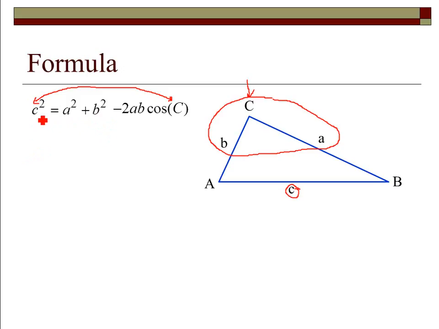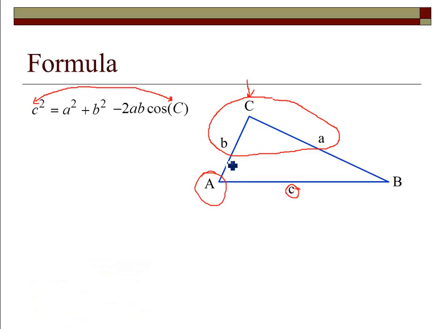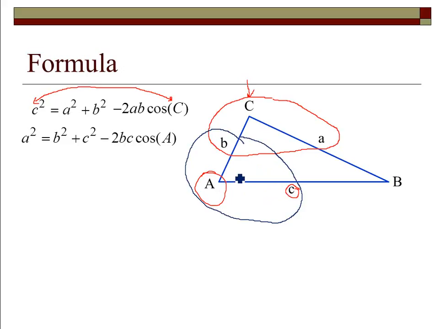So I could have done any kind of combination. I don't have to say c squared equals a squared plus b squared. If I wanted to use angle A, and some books will show it this way, they'll show it in a variety of different ways, then I have a squared equal to b squared plus c squared minus 2bc cosine of A. So it's mostly understanding how you put the pieces together.